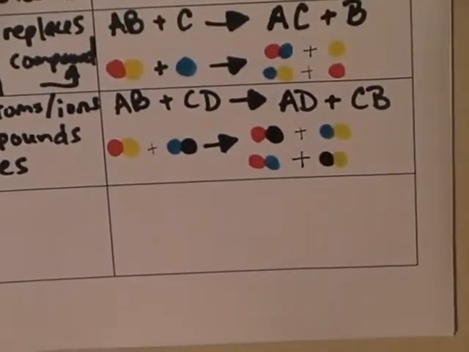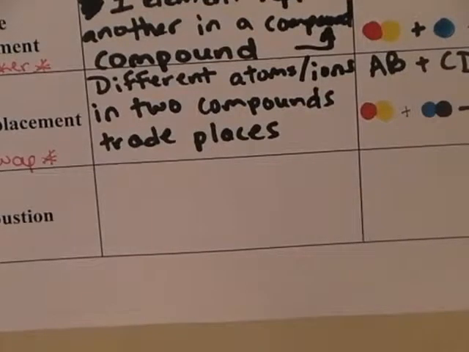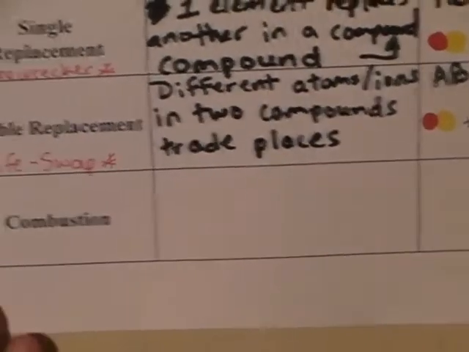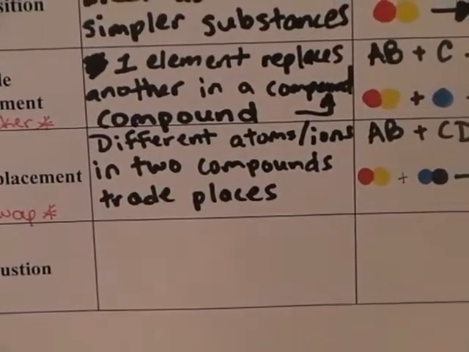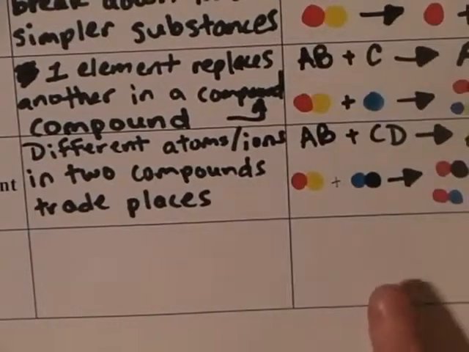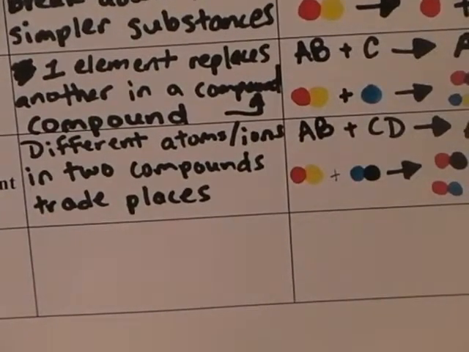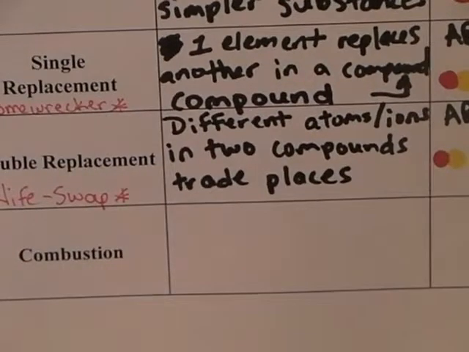And the last one, which, as much fun as I'm having drawing colored circles, we don't need colored circles for the last one. Combustion is a very specific type of reaction. So I'll give you the definition and then I'm going to give you kind of the most generic reaction I can give you, but it's not too difficult to recognize once you see what you're looking at.